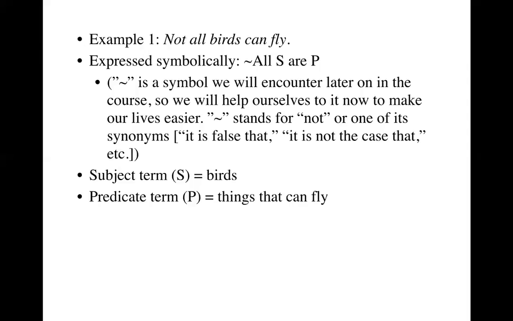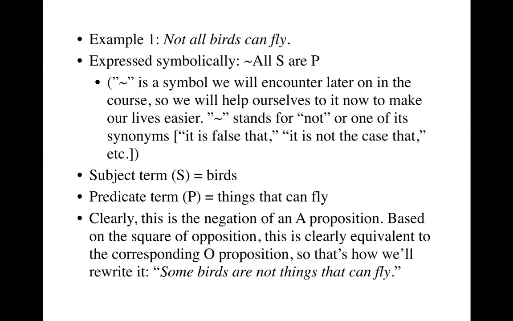Now, given that whenever an A proposition is false, the corresponding O proposition will be true, that means the statement "it's false that all S are P" is equivalent to the corresponding O proposition.